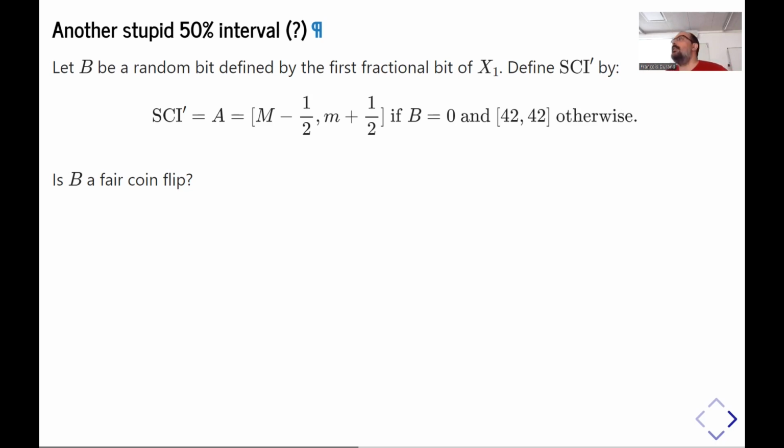So first question, is B a fair coin flip? Not necessarily. Yes. Sorry? Yes. So no, yes. It depends on the support. If the support of the distribution is only on the first half of [0,1], for instance. Just as a reminder, the support of the distribution is between theta minus 1/2 and theta plus 1/2.